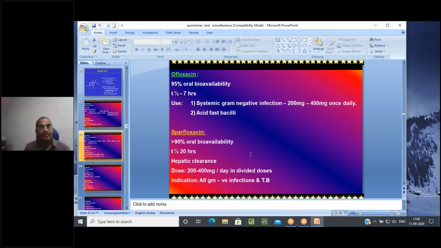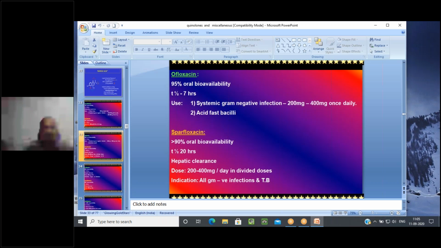Half life is very long, that is 20 hours, and clearance is renal. Dose is 200 to 400 milligrams per day. Indications are renal problems and infections, and also tuberculosis.